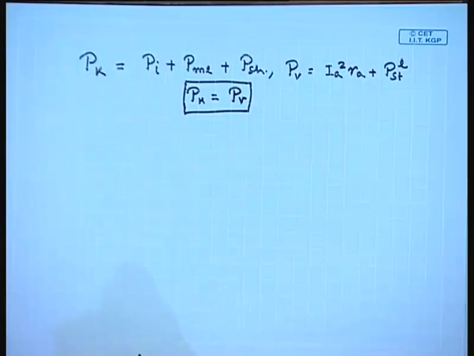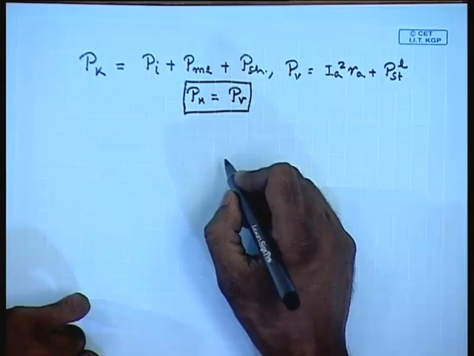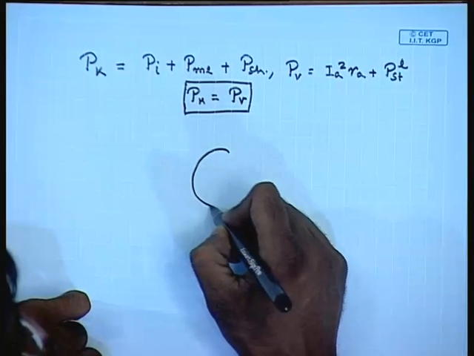Now, let us see in the motoring and generating mode how these losses are distributed. Let us first take the case of a generator.